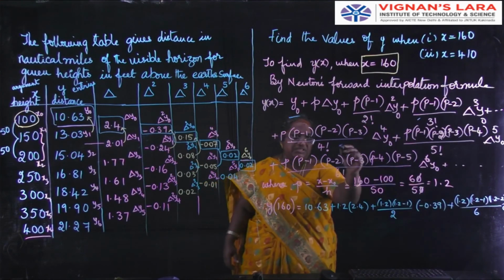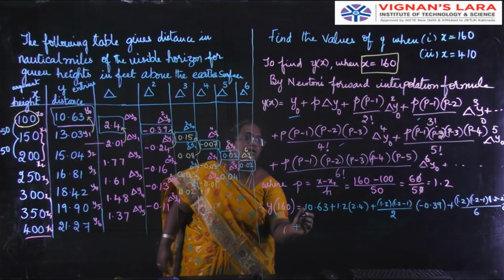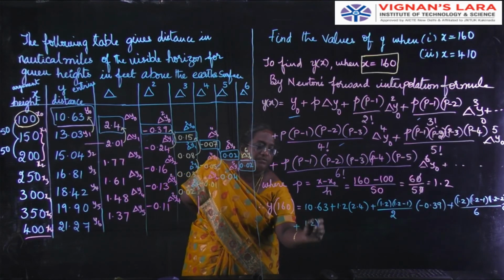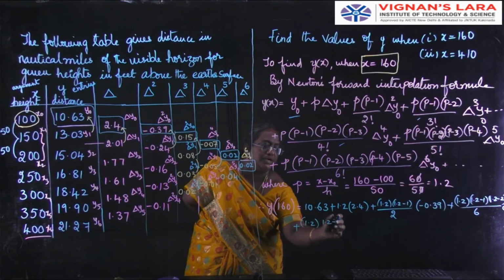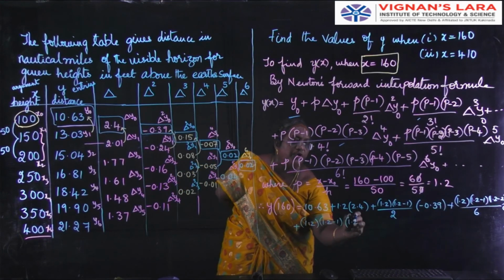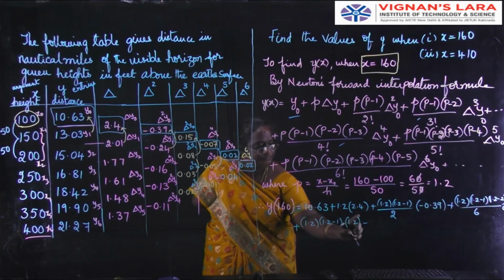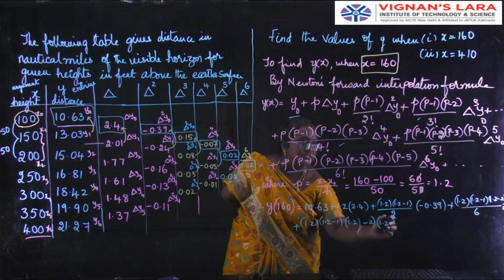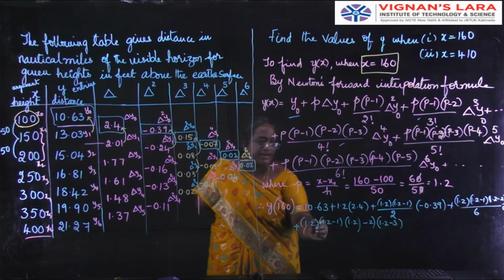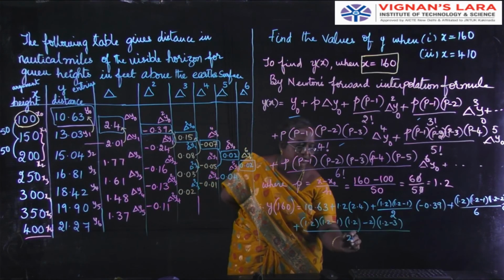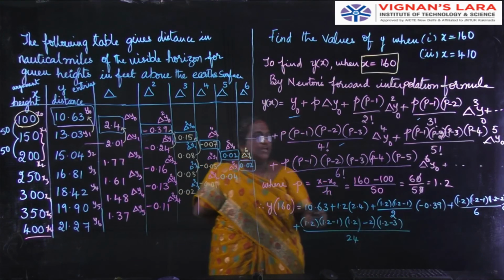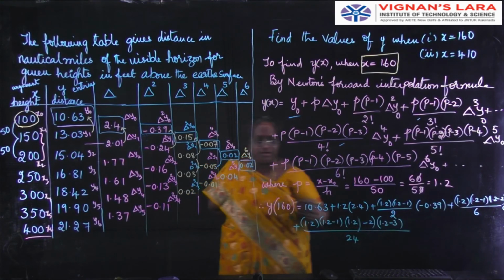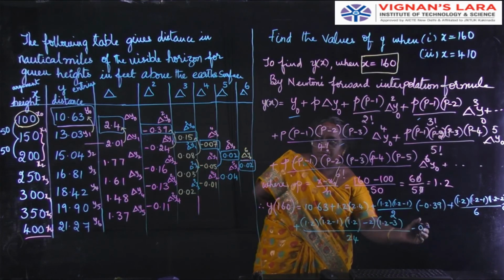Next, coming to this term, plus 1.2 into 1.2 minus 1, 1.2 minus 2, 1.2 minus 3 by 4 factorial, which is 24, into del power 4 y naught, which is minus 0.07.